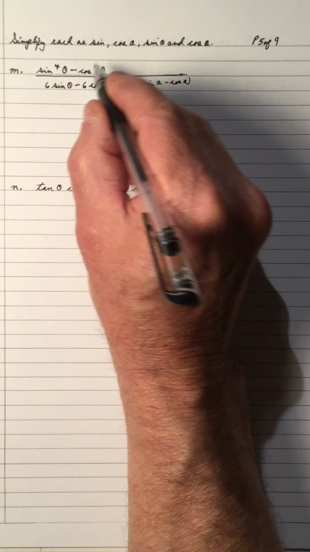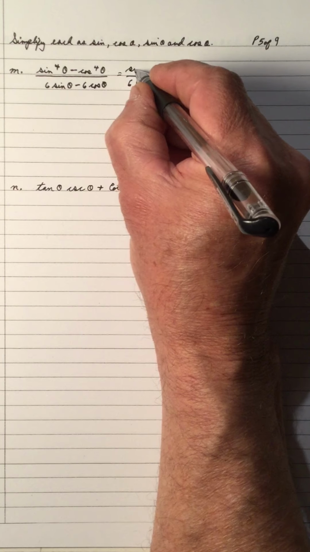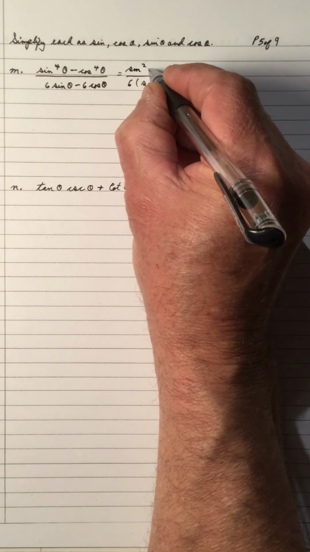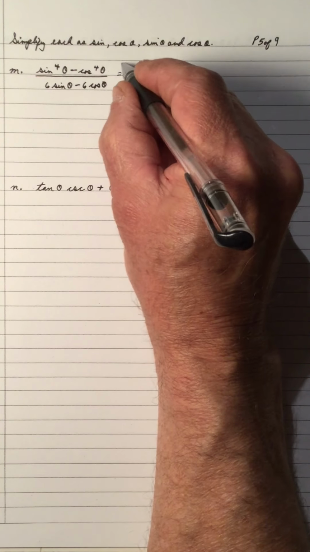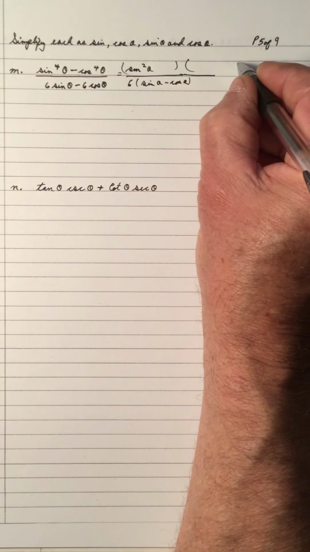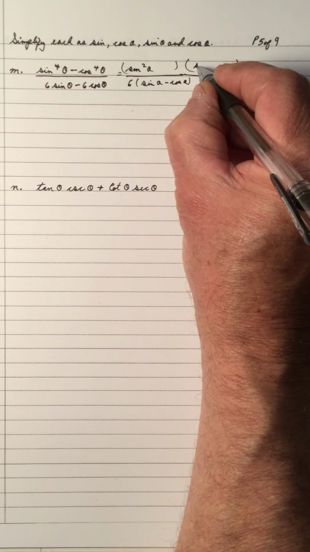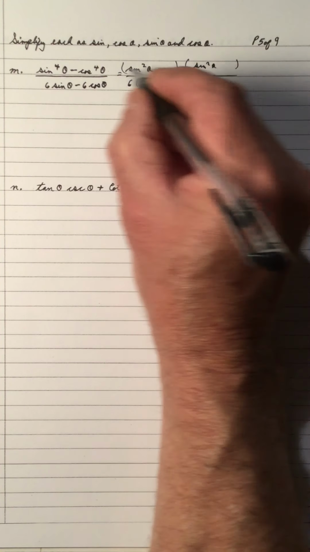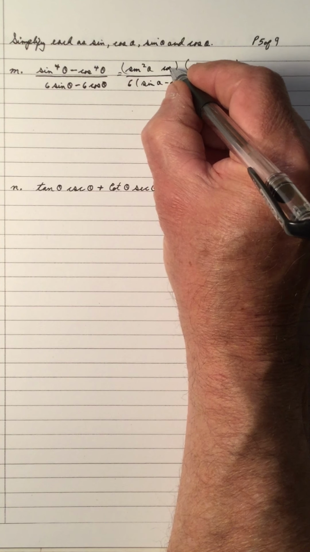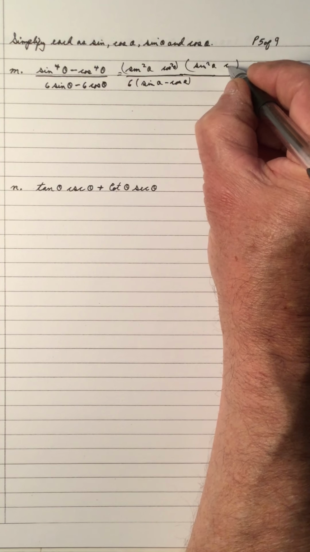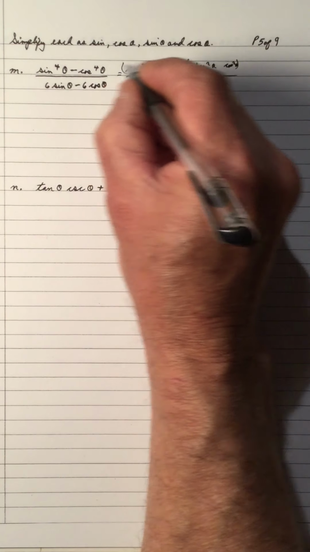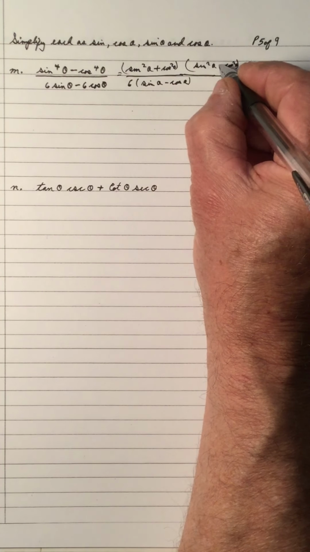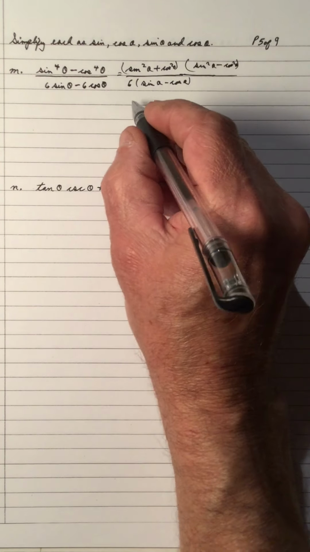So I recognize fourth. So sine squared, cos to the fourth is cos squared theta. That's a plus and a minus, difference of two squares.